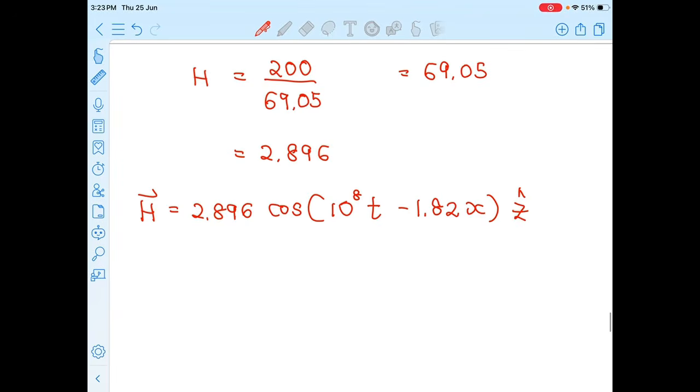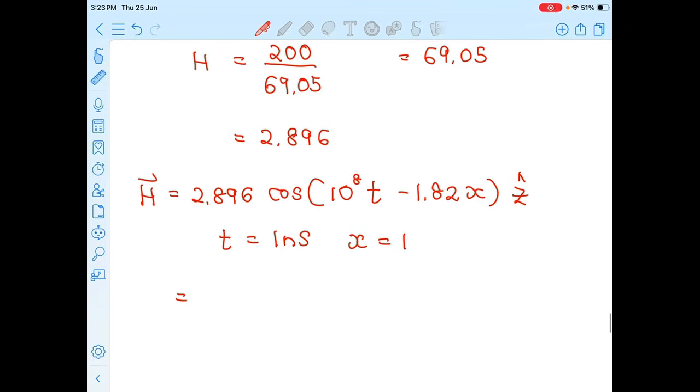We have got the formula of the magnetic field, and now we want to find the value when the time equals 1 nanosecond and x is equal to 1. So we replace the values: 2.896 cos of 10 power 8 times nano, which is negative 9, minus 1.82. So I have negative 1.72.